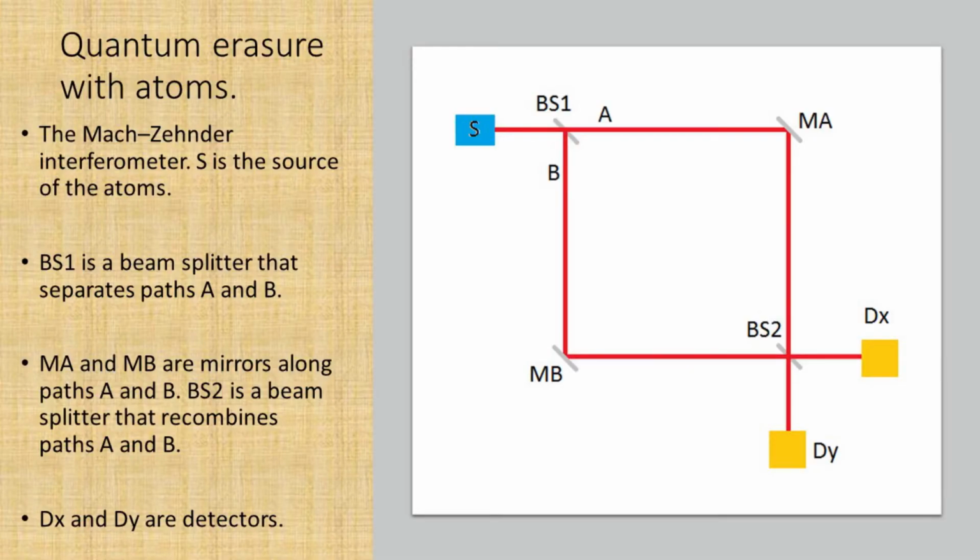In the Mach-Zehnder interferometer, S is the source of the atoms, BS1 is a beam splitter that separates paths A and B, MA and MB are mirrors along paths A and B, BS2 is a beam splitter that combines paths A and B, and Dx and Dy are detectors.